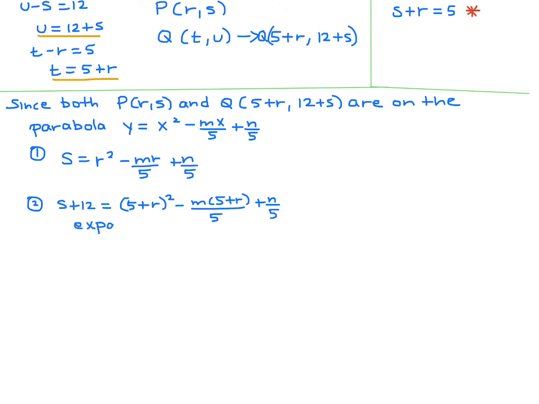And then when you expand this, you get S plus 12 is equal to R squared plus 10R plus 25 minus M minus MR over 5 plus N over 5.